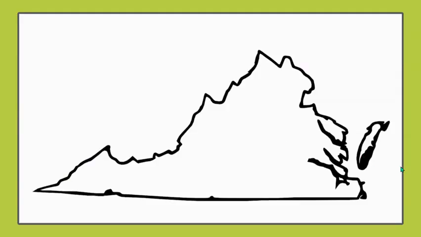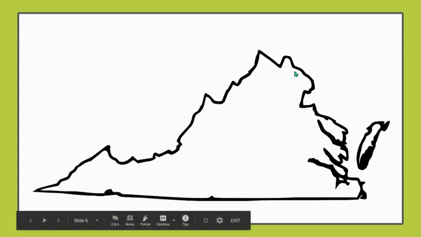So here is a very simple map of Virginia so you can see what shape it looks like. I remember where Virginia is on the map because I always look for the state that kind of looks like a triangle. So here is the shape of Virginia.